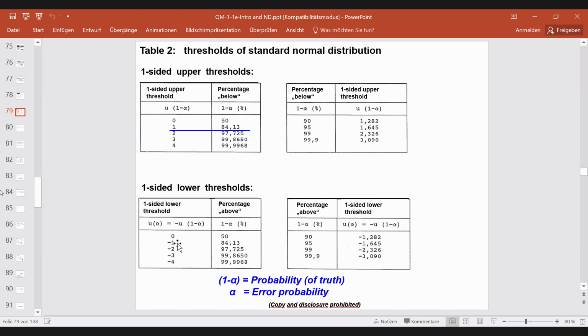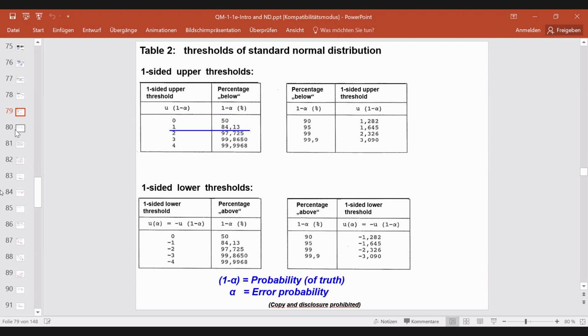Now, if the question is about lower thresholds, then you take these two tables here. 1 minus alpha is the probability that the calculation is true. It is the probability of truth, and alpha is the error probability.